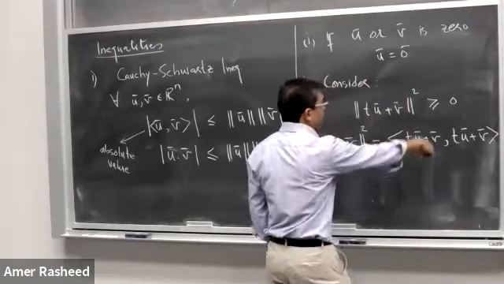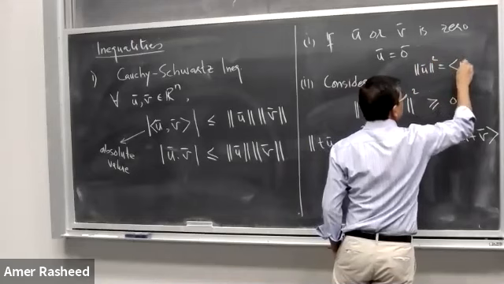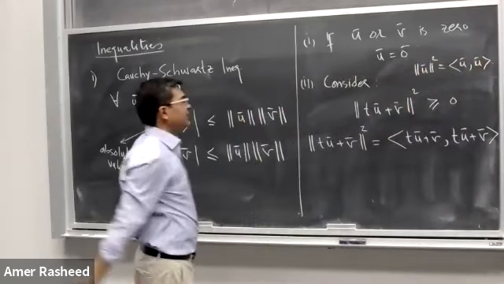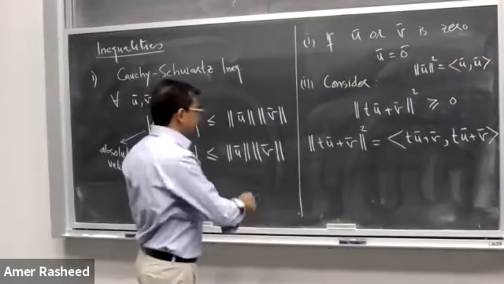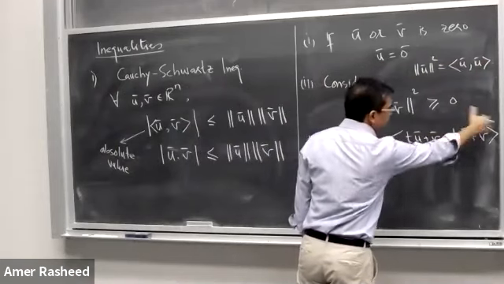How can we write this? Because we know that norm of u whole square is the inner product of u with itself. We had discussed this previously when I started this lecture. So now this whole thing is greater than or equal to 0.